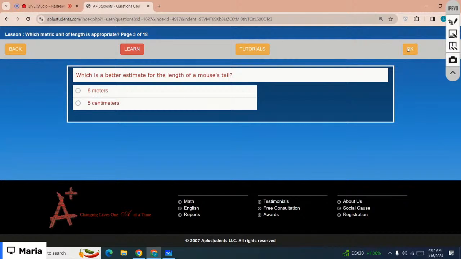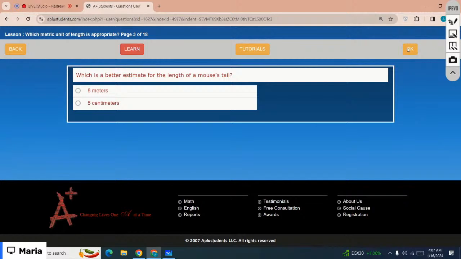The next one is which is a better estimate for the length of a mouse tail? 8 meters or 8 centimeters. Which is the correct option? Yes, that is just a mouse tail.